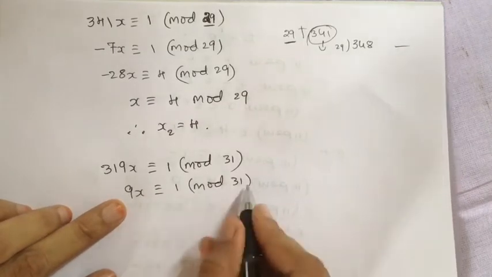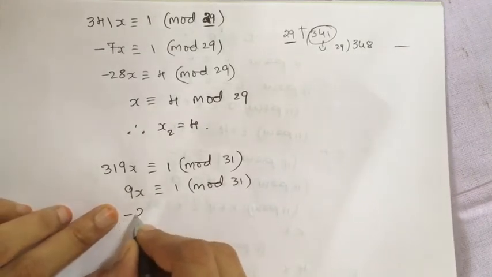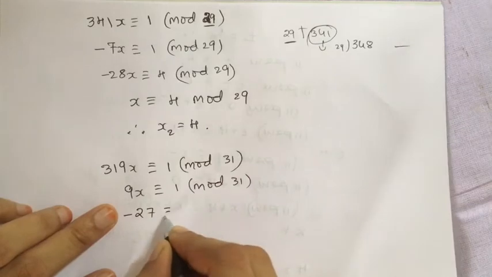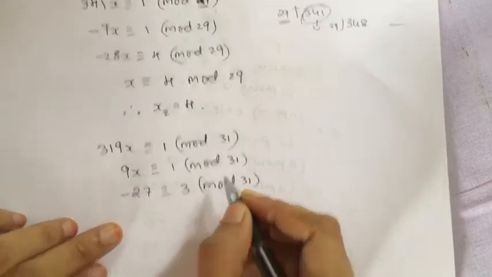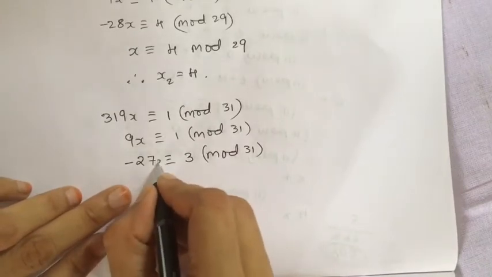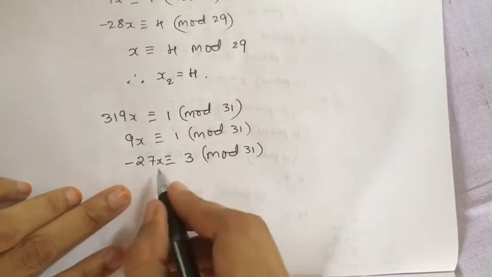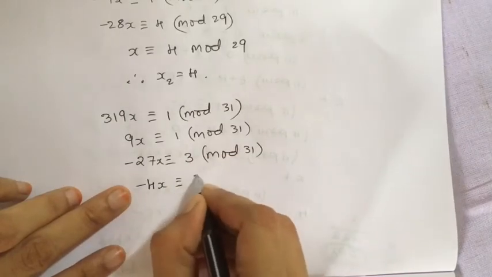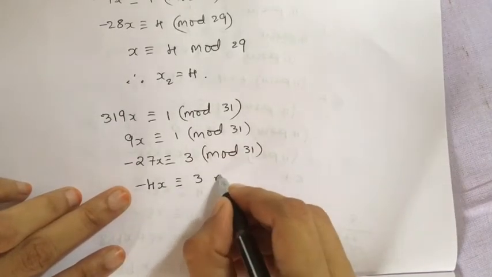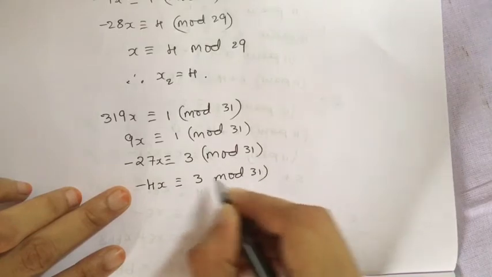Then multiplying by 3, minus 27x is congruent to 3 mod 31. Then minus 4x is congruent to 3 mod 31.